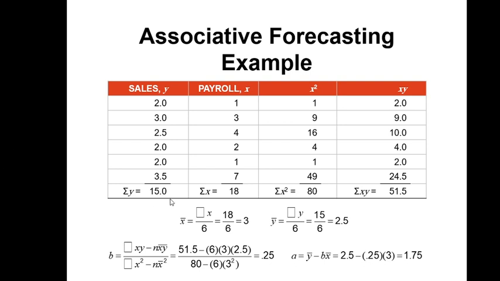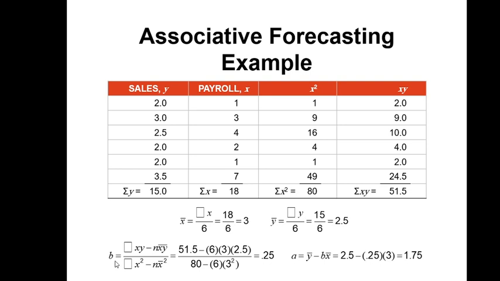Now we have to calculate the same thing: the summation of X values in order to calculate X bar, which is the average of the X values, and also Y bar, which is the mean. The X bar will be 3 and the Y bar, or the average Y, will be 2.5.